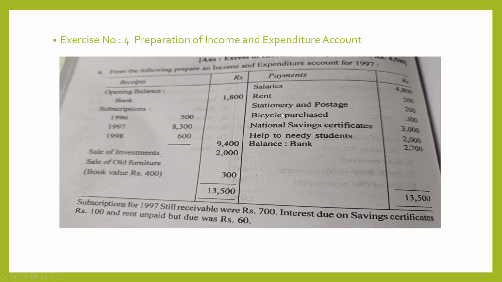And then salaries, rent, stationery purchased, sorry, bicycle purchased, national saving certificate, help to needy students, bank balance. So these are the information given here. Additionally, you have subscriptions for 1997 still receivable were 700. Interest due on saving certificate is 100, and rent unpaid but due was 60.